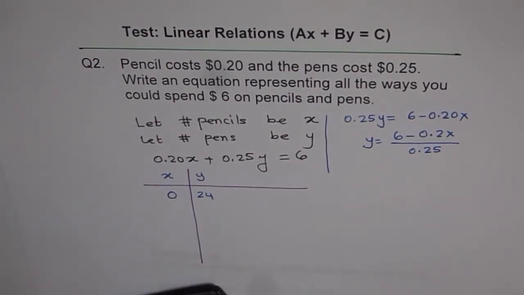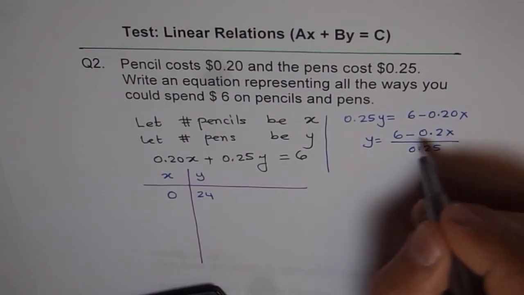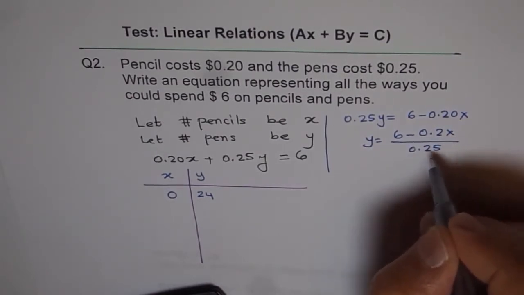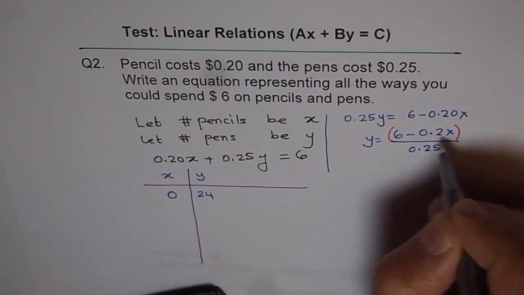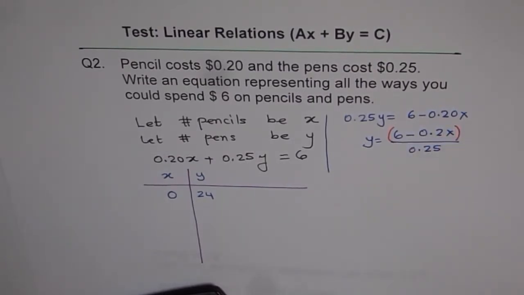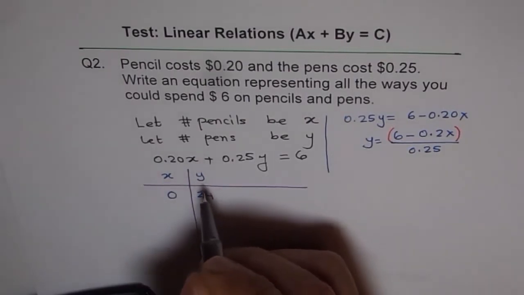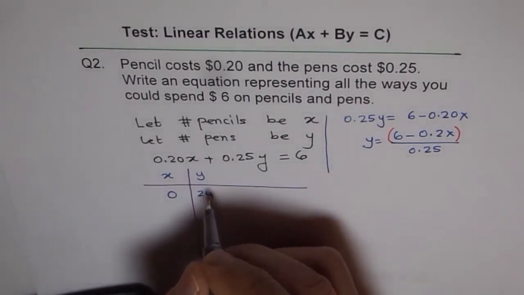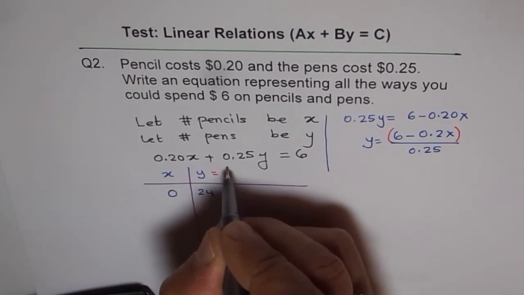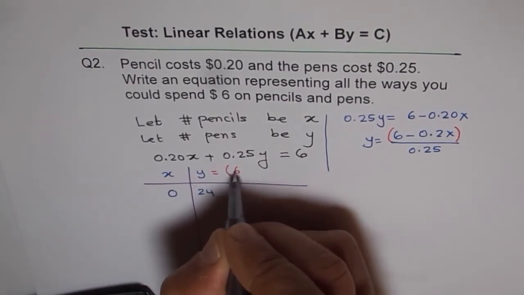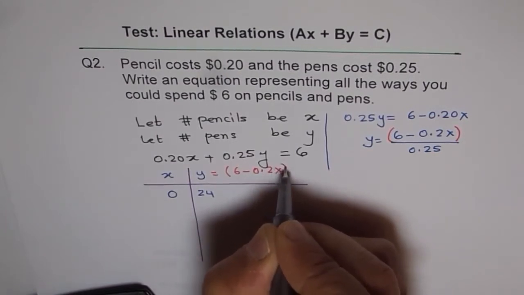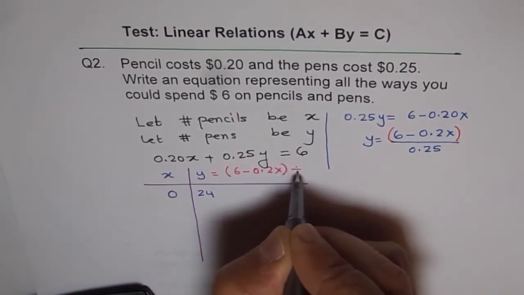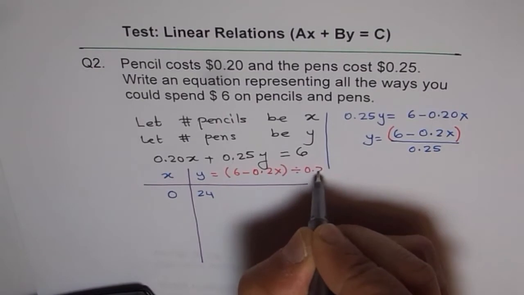Remember one thing when you are using the calculator: either first do the numerator, get the answer, then divide, or put a bracket. Put a bracket, do your calculation, and then divide. That way, you'll always get the right answer. So we write y equals, within brackets, 6 minus 0.2x, bracket close, divided by 0.25.